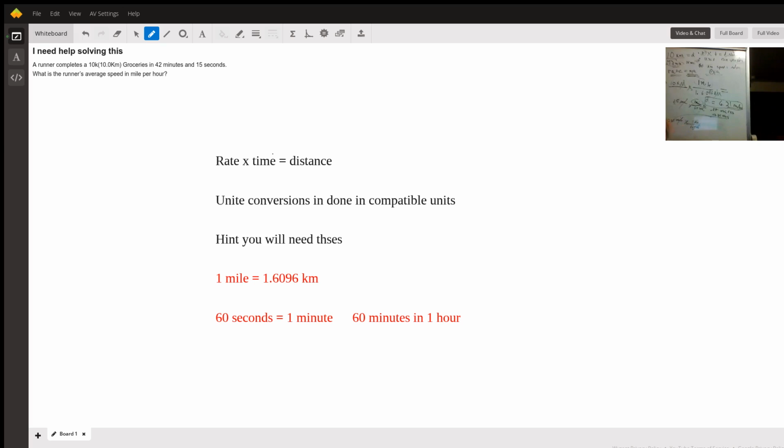All right, so then I do that math. So we crossed out the units. That's always a good sign. Should leave us with hours. Then 42.25 divided by 60. And that gives us, so I did 42 minutes, 60 minutes, and 1 hour.